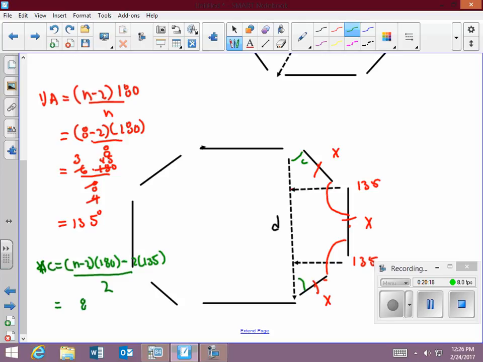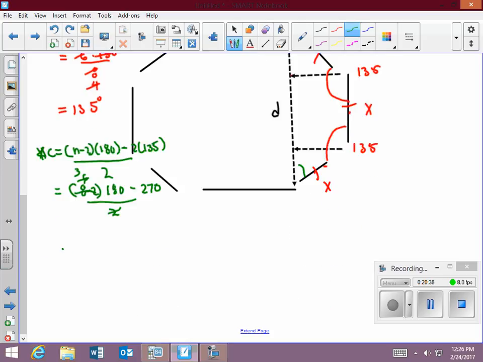So it's 8 minus 2, 270. Something's wrong.